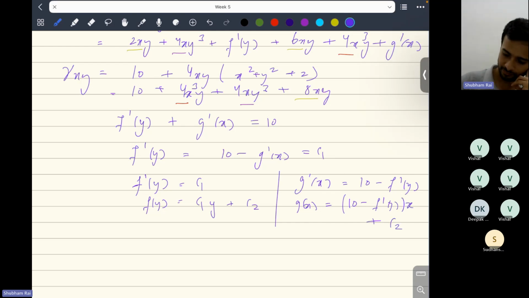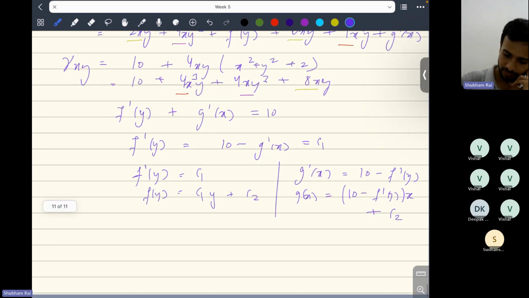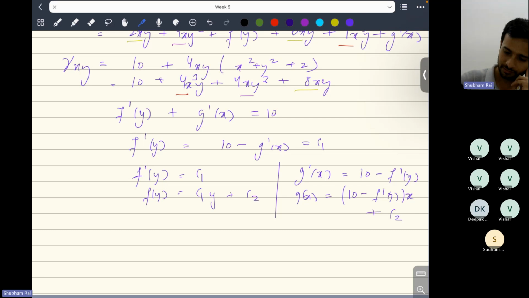And in this 10 minus f prime y, if you see from here, f prime y is nothing but c1, so we can substitute here. So g of x is c1x plus c2. Anyway, let's keep this as it is.